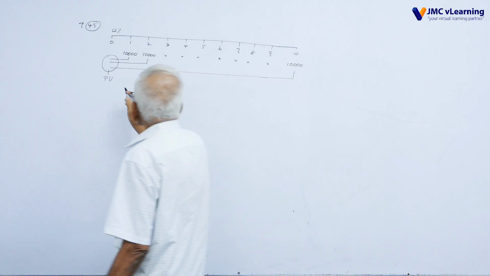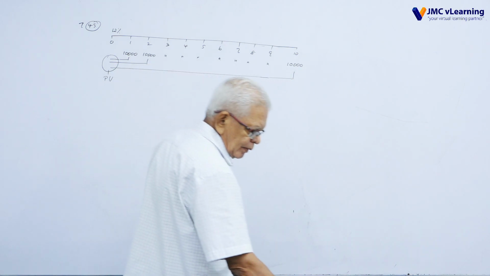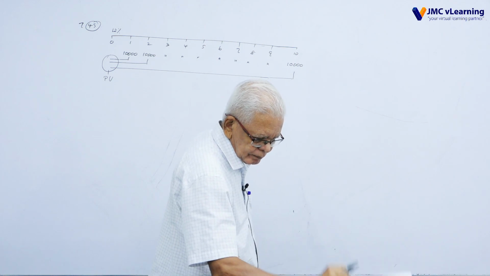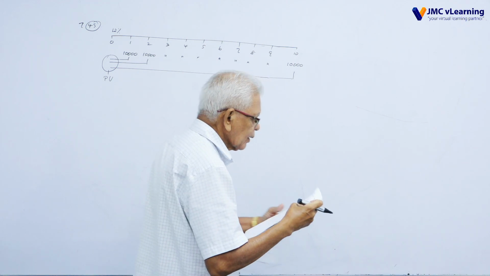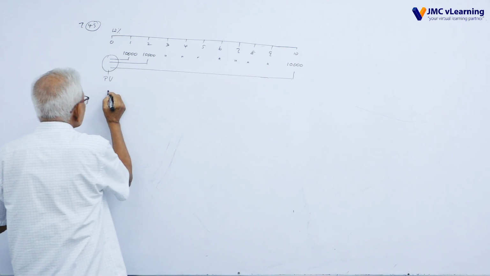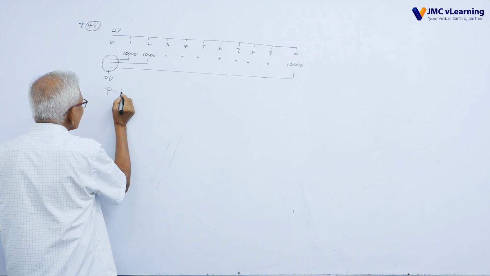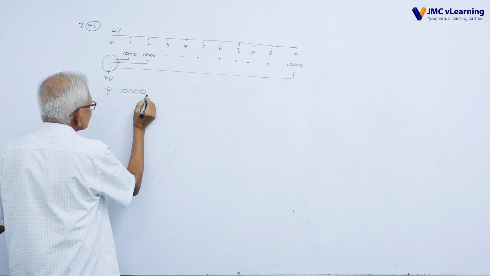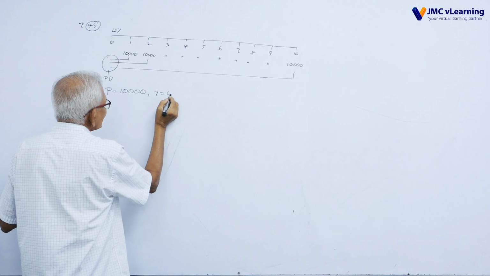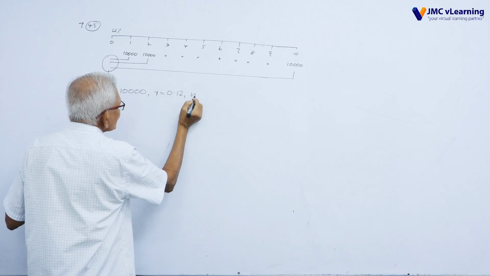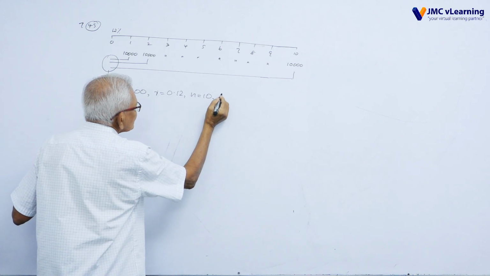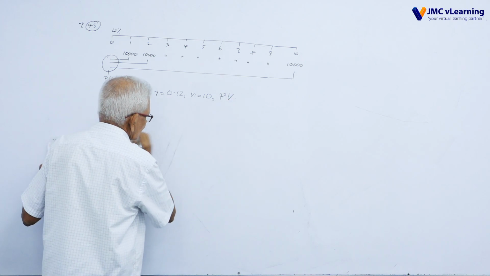So write down in that formula P equal 10,000, R equal 0.12, N equal 10, present value we have to find out.